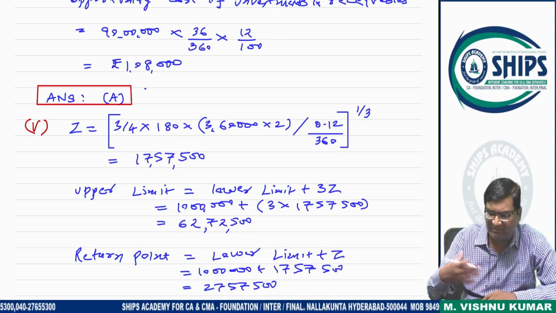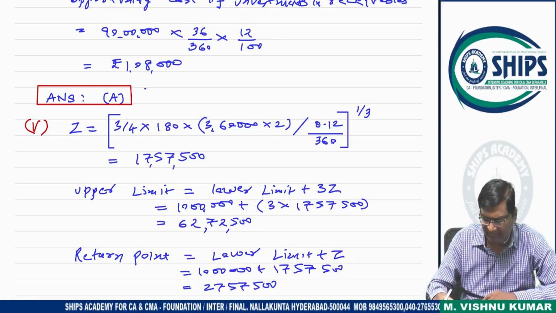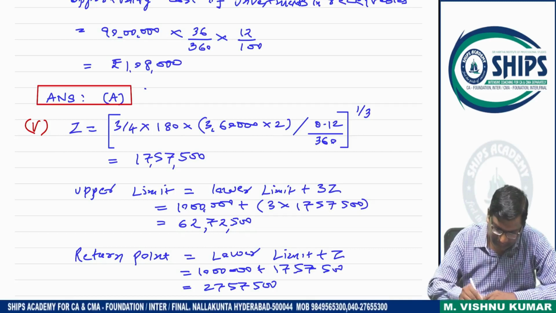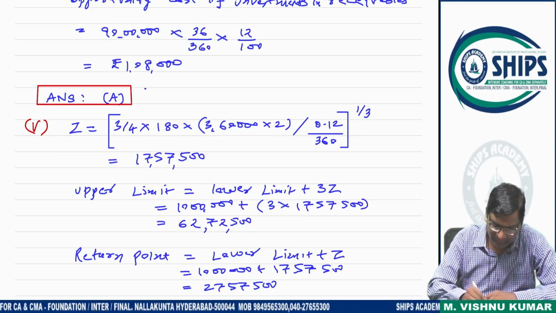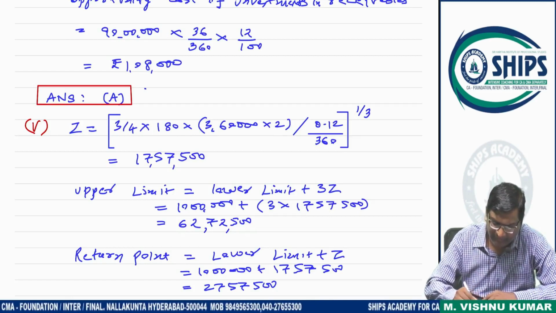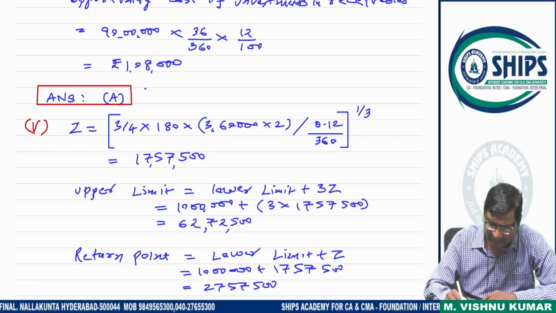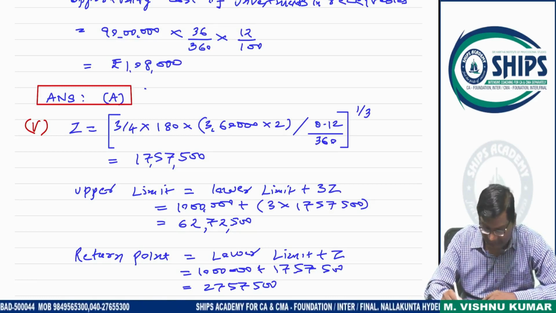But I am preparing the video for solutions, so it is my responsibility to solve all the questions. According to this calculation, Z is coming 17,57,500. The formula is 3/4 into transaction cost into standard deviation of cash flow into 2 divided by interest rate by number of days, and power 1/3.